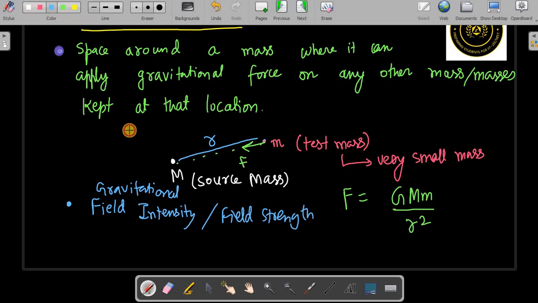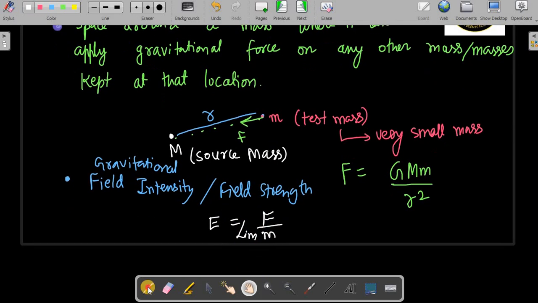That is defined by the symbol E, which is the force divided by this mass, and we apply the concept of limit, since this mass is very small so that it should not disturb the source mass. So this will become Gm by r square.